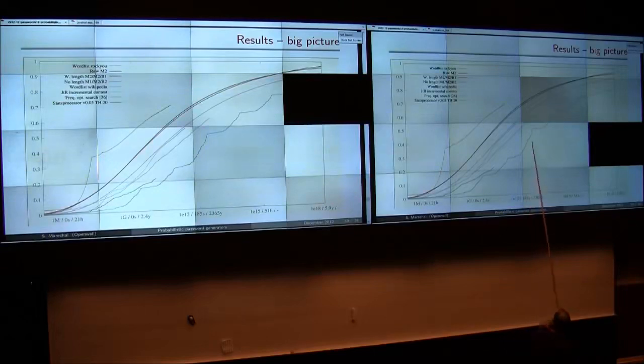The third model here, which is using the password structure without using numbers, totally sucks, so it is to be discarded. Also, about this curve, as you have seen yesterday in John the Ripper, the way it is implemented, you have to set a level. For example, I say this level, and it will compute all passwords until this level and will stop. And the curve, if you do that, will look more like that.